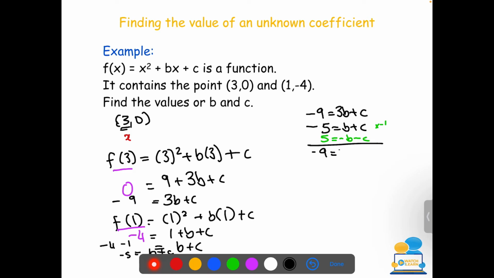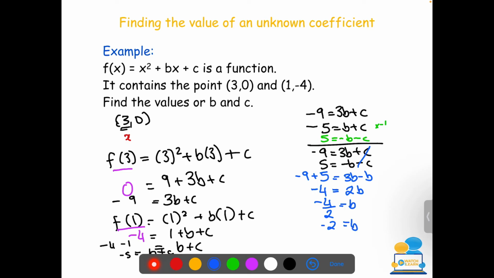So I have minus 9 equals 3b add c, and 5 equals minus b minus c. So we have plus c minus c. Well, that is going to give you 0. We will then have 3b minus b is equal to minus 9 add 5. So 2b is going to equal, well, minus 9 add 5 is minus 4. B then is equal to minus 4 divided by 2, which is minus 2.